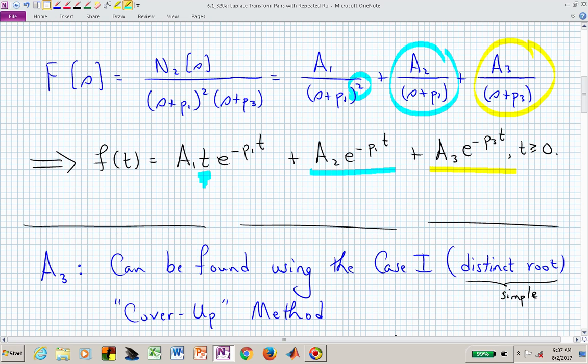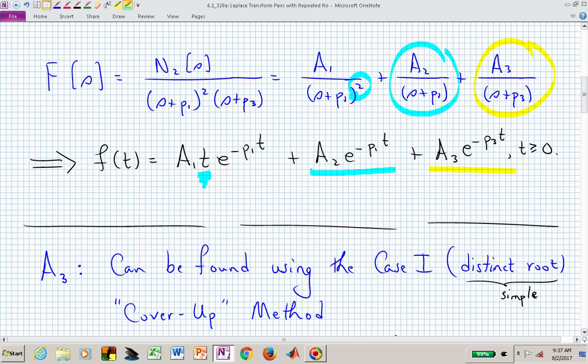We can use the distinct root approach, and in the next lecture or video we will talk about other ways of finding this, but we've been talking about the cover-up method, which is a pretty clean and efficient way to find these partial fraction expansion coefficients, a sub 3 and a sub 2 in this case. We can't find a sub 1 that way. I'm sorry, we can't find a sub 2 that way. We can find a sub 1, and we'll say that in just a minute.